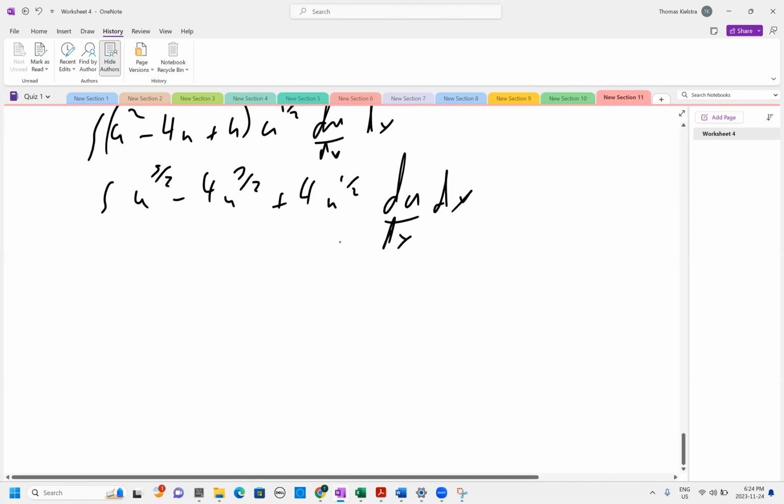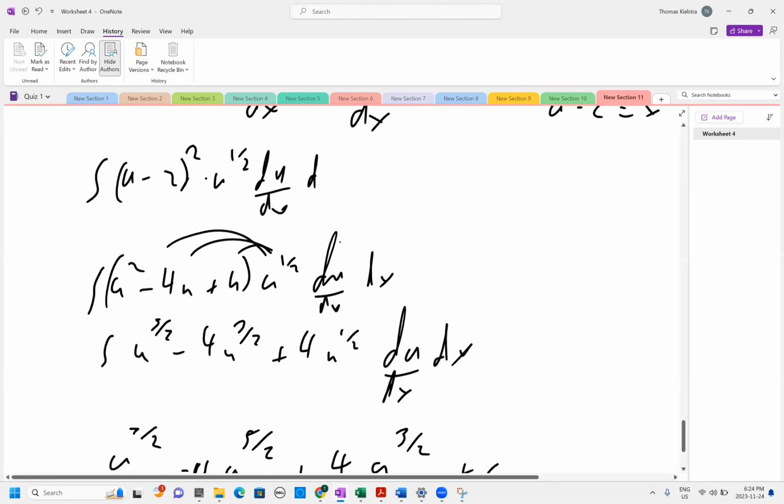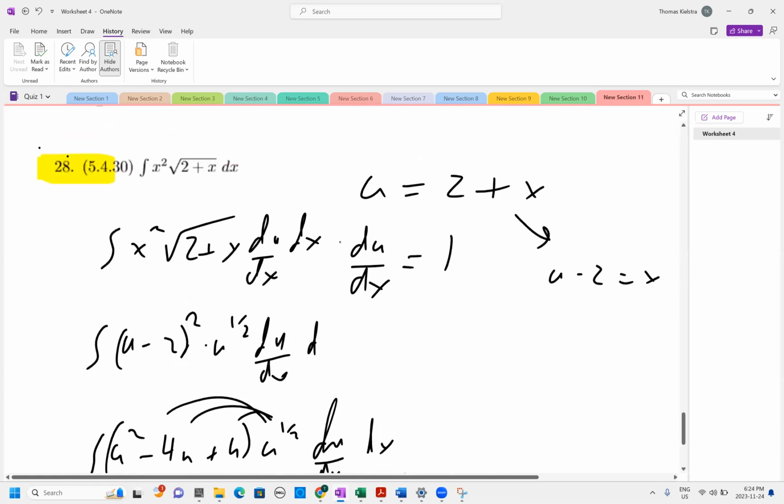And this gives us u to the 7 halves over 7 halves minus 4 u to the 5 halves over 5 halves plus 4 u to the 3 halves over 3 halves plus c. And last but not least, we need to convert u back.